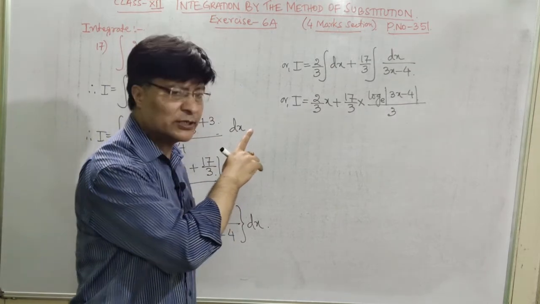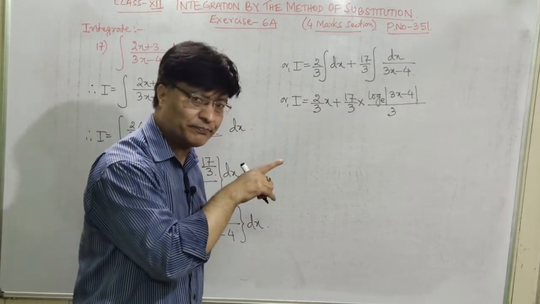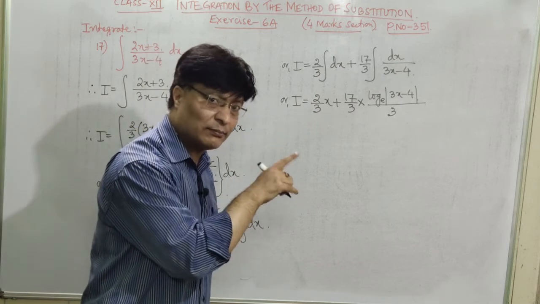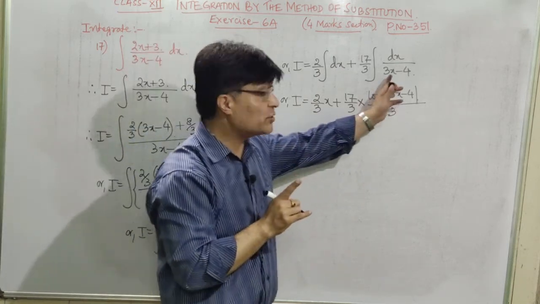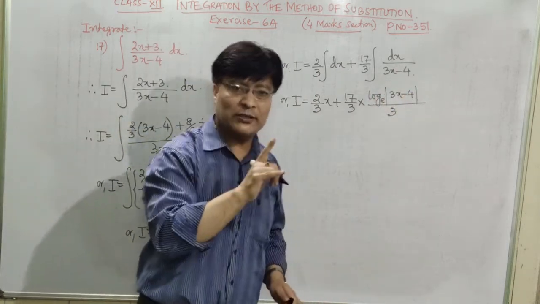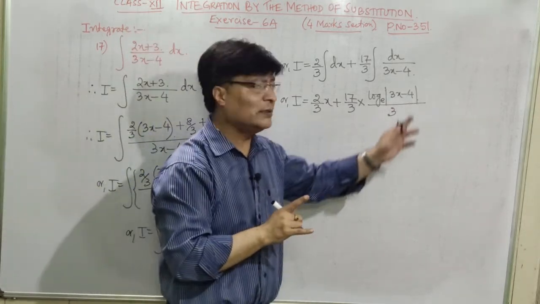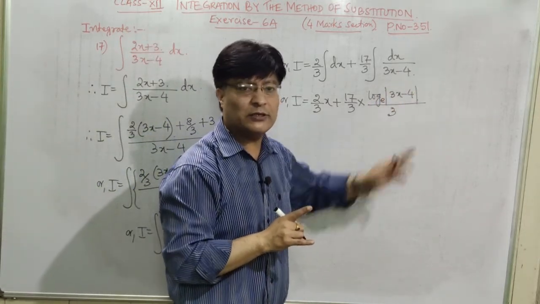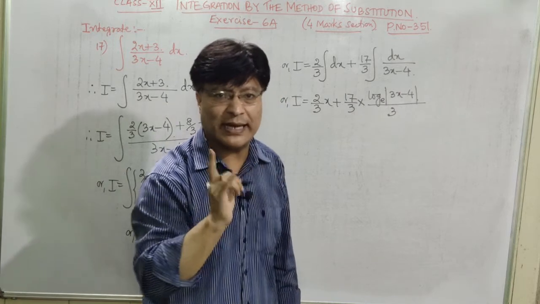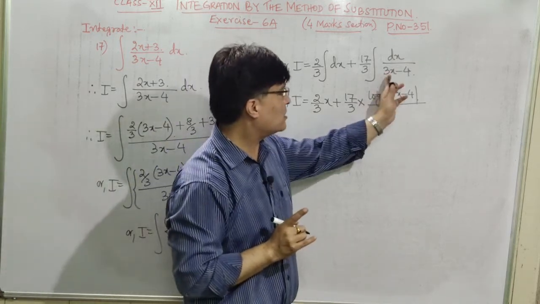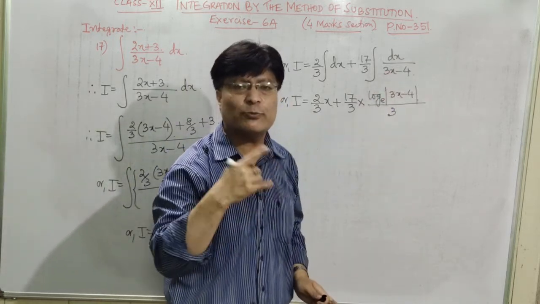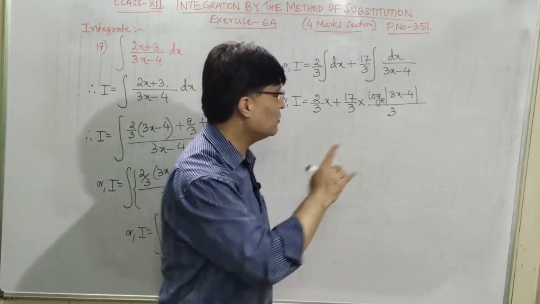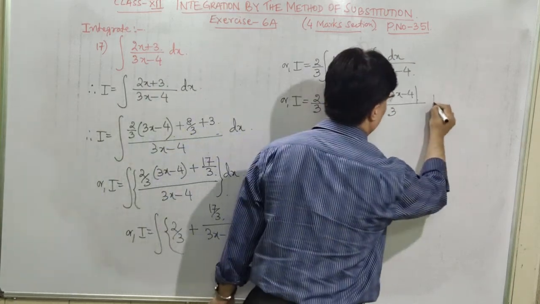So in case of integration you have to divide the term by 3. You have to divide the expression by the differentiation of the denominator which is assumed as x. That is differentiation of 3x minus 4 is 3. So you should divide it by 3. Then what should you write here?